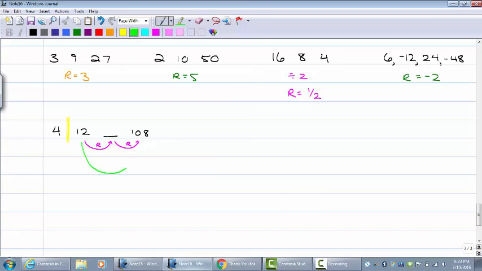The relationship going from 12 all the way to 108 is r times r, or r squared. So I want to know then, if I'm multiplying r times r, how do I figure out what that r squared equals? Well, the rule is you just divide. R squared equals 108 divided by 12, which means that it also equals 9, and R equals 3.